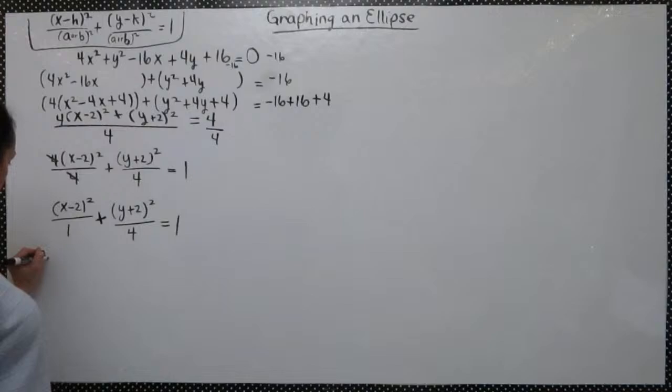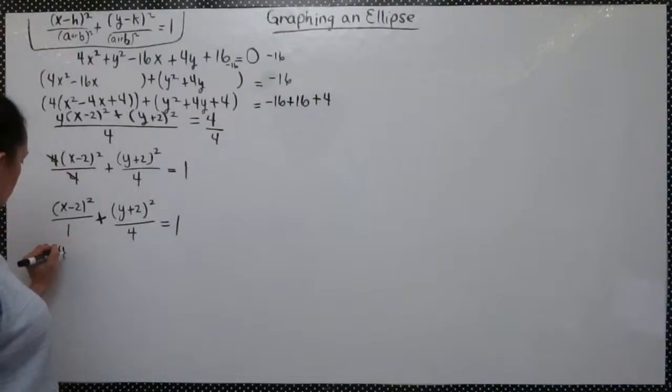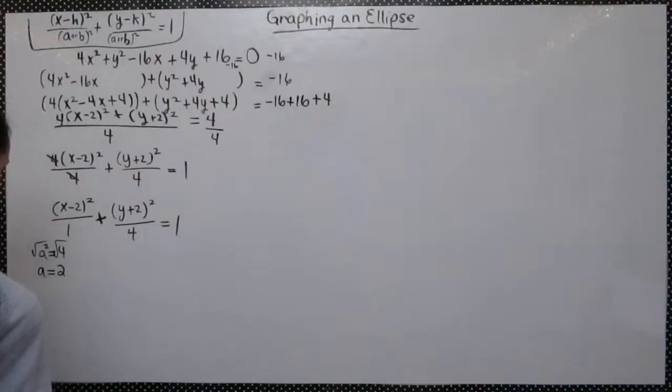So A squared equals 4. Taking the square root, you're going to get A equals 2. And then B squared equals 1. So taking the square root, you get B equals 1.